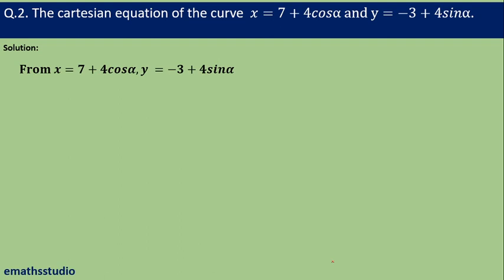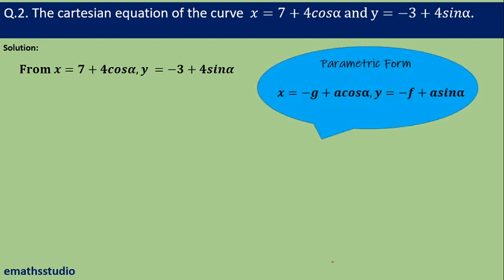See, x is 7 plus 4 cos alpha and y is minus 3 plus 4 sin alpha. I am comparing this with the parametric form: x is minus g plus a cos alpha and y is minus f plus a sin alpha. So from this, the g value can be written as minus 7 and the f value can be written as 3. Further, comparing a cos alpha or a sin alpha, a can be written as 4, which is the radius of the circle.